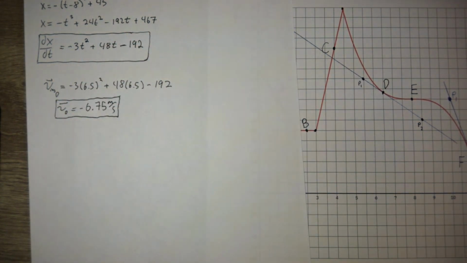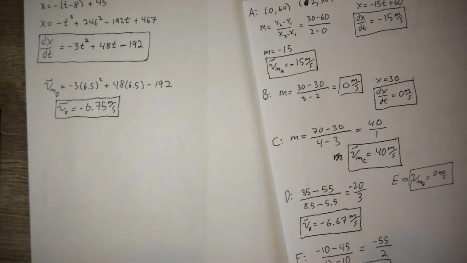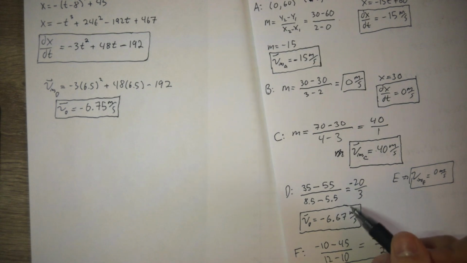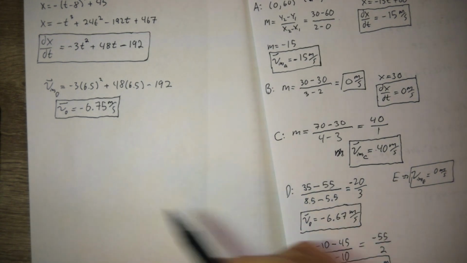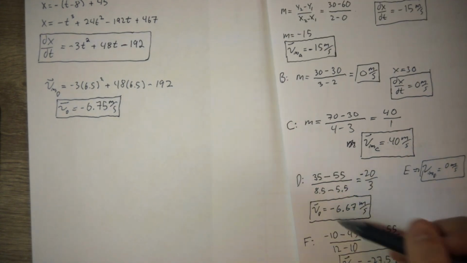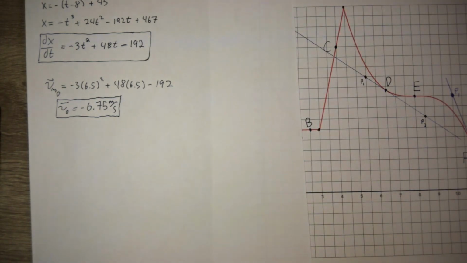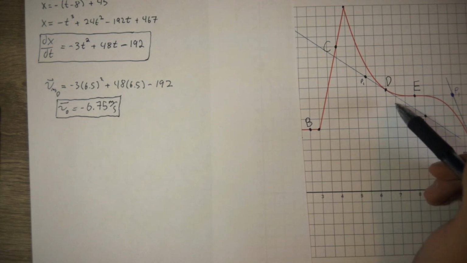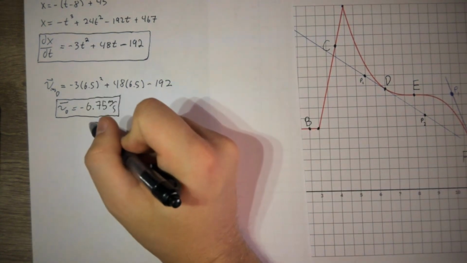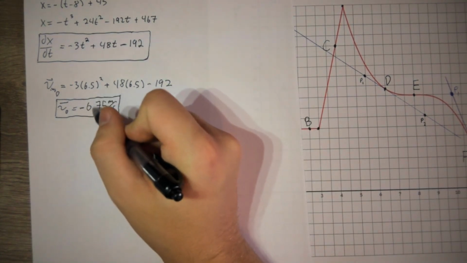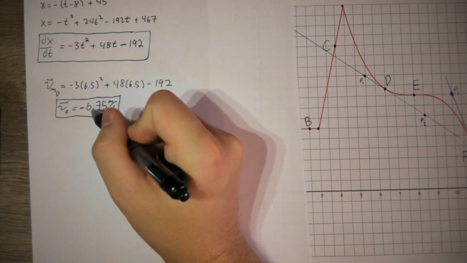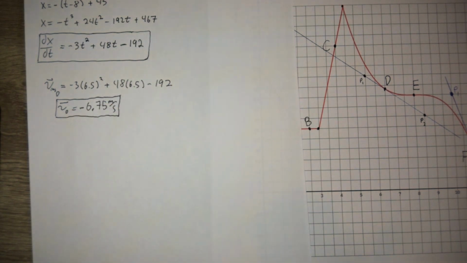And note what I got was negative 6.67. The difference is pretty close. I'm pretty happy with that actually. The difference is just, again, my inaccuracies in drawing the line with the right slope. But it's close. But negative 6.75 is the correct answer.